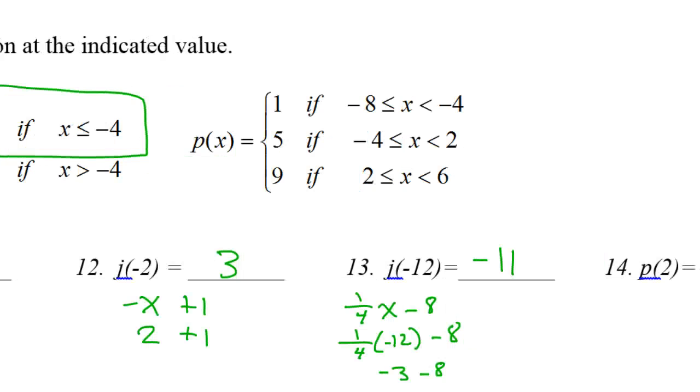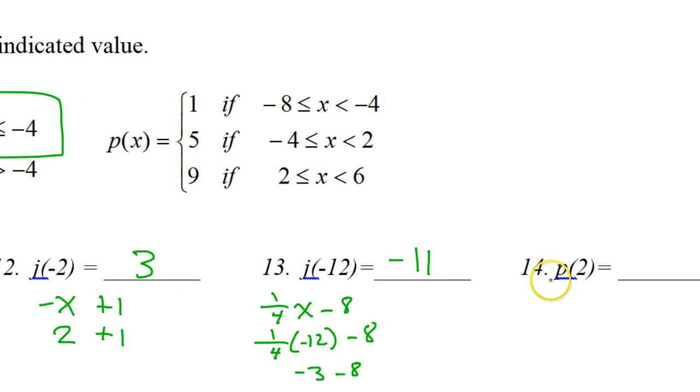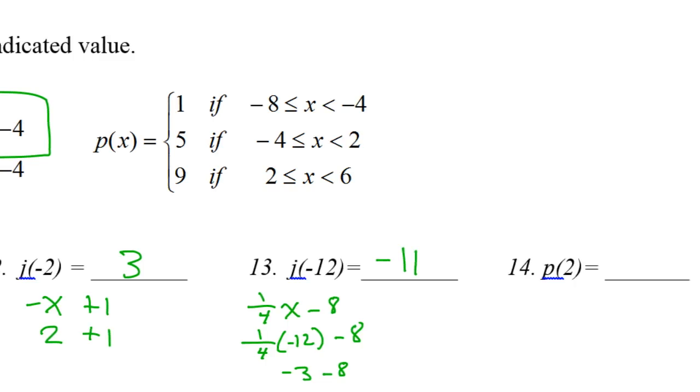Now the last problem, we're back to function p again. So I see the 2. And notice I see 2 mentioned here and here. So which one am I going to use? The middle piece or the bottom piece?